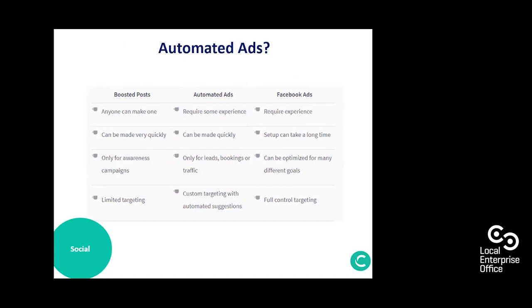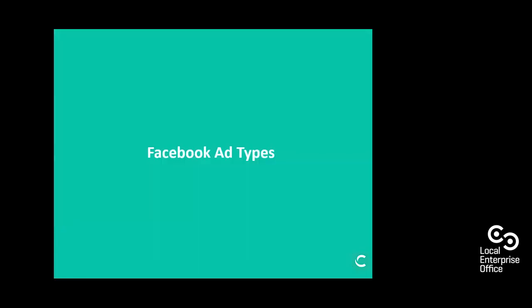So automated ads are good for leads, bookings, or traffic. But certainly if you want to be more specific or more targeted, they have limitations. So again, if you don't want to spend the time on Facebook ads, I'd recommend automated ads. But obviously, they have some limitations.